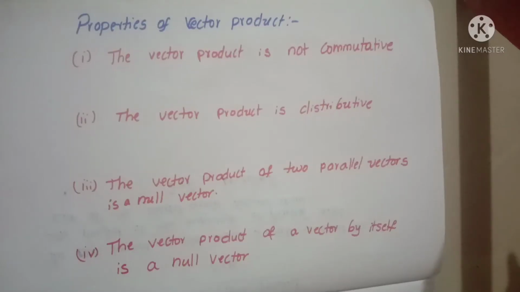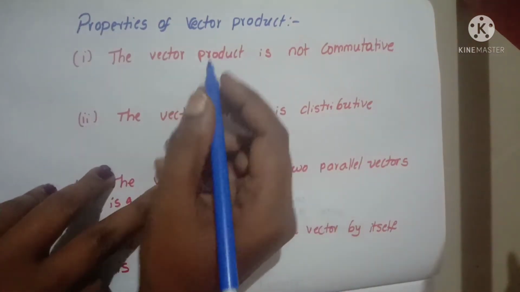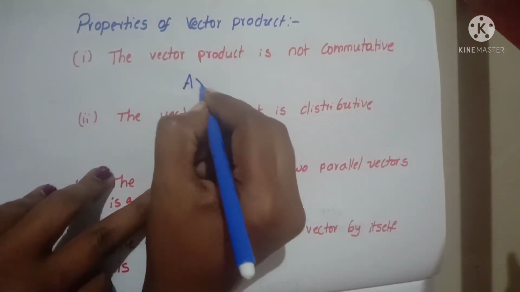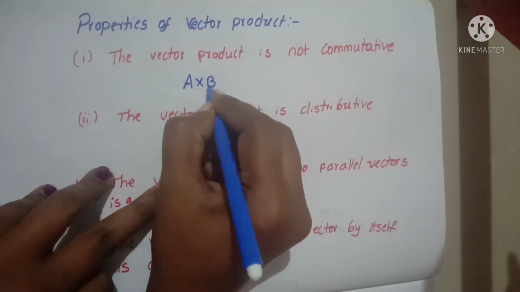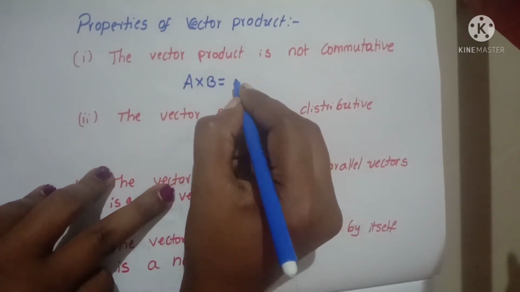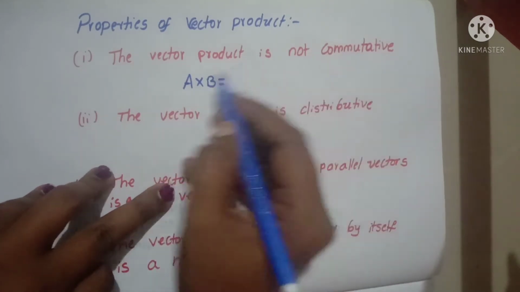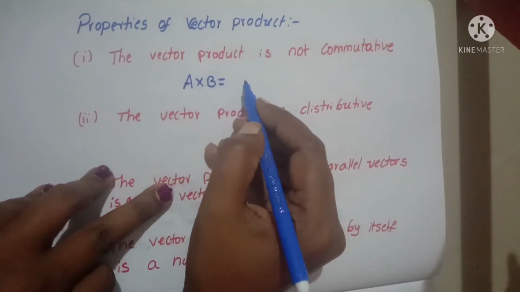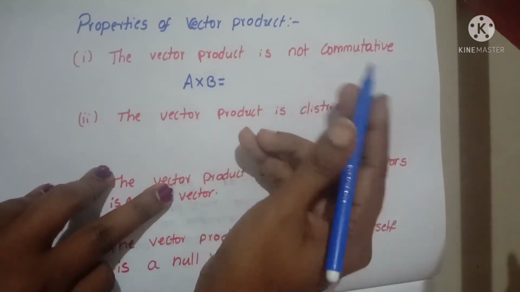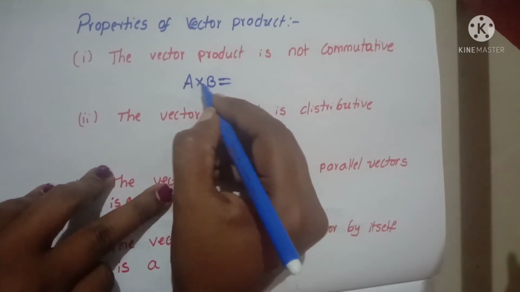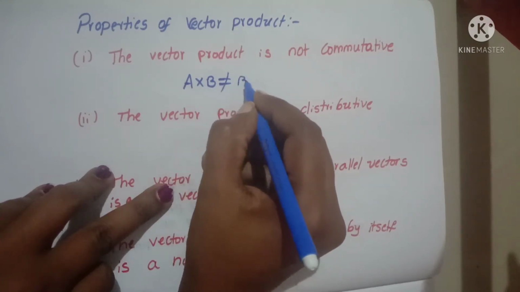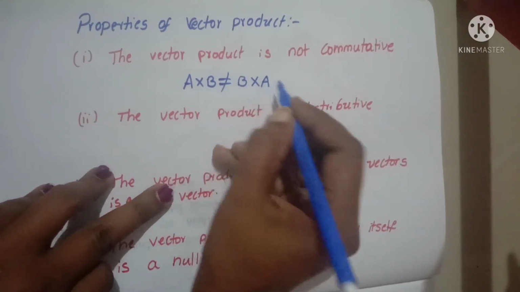See the properties of vector product. First one, the vector product is not commutative. If it were commutative, a cross b would equal b cross a, but it is not commutative. So a cross b not equals b cross a.